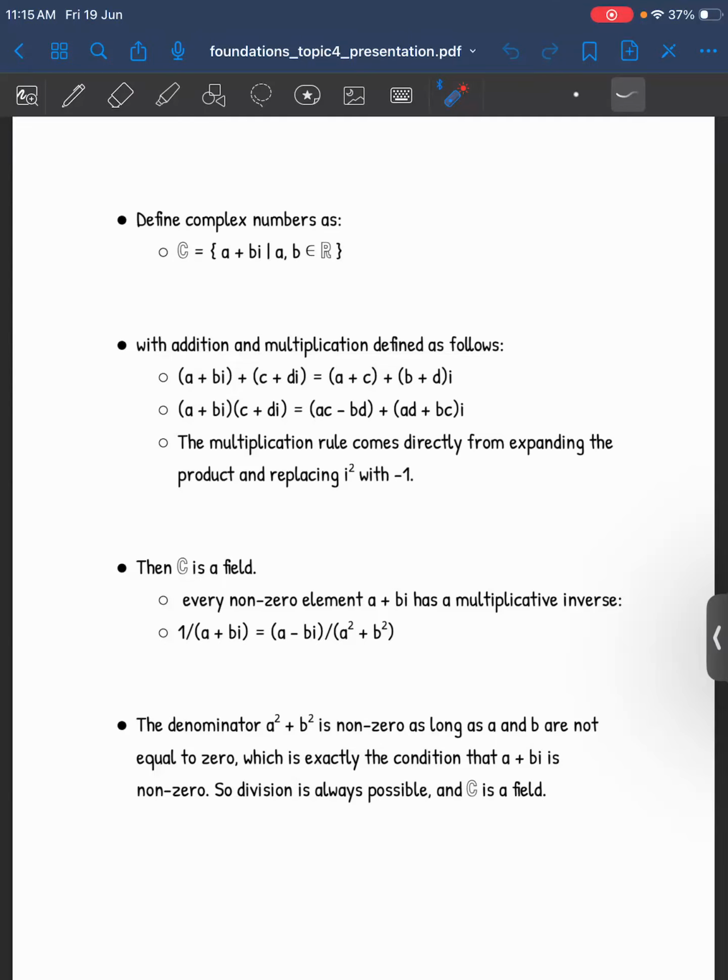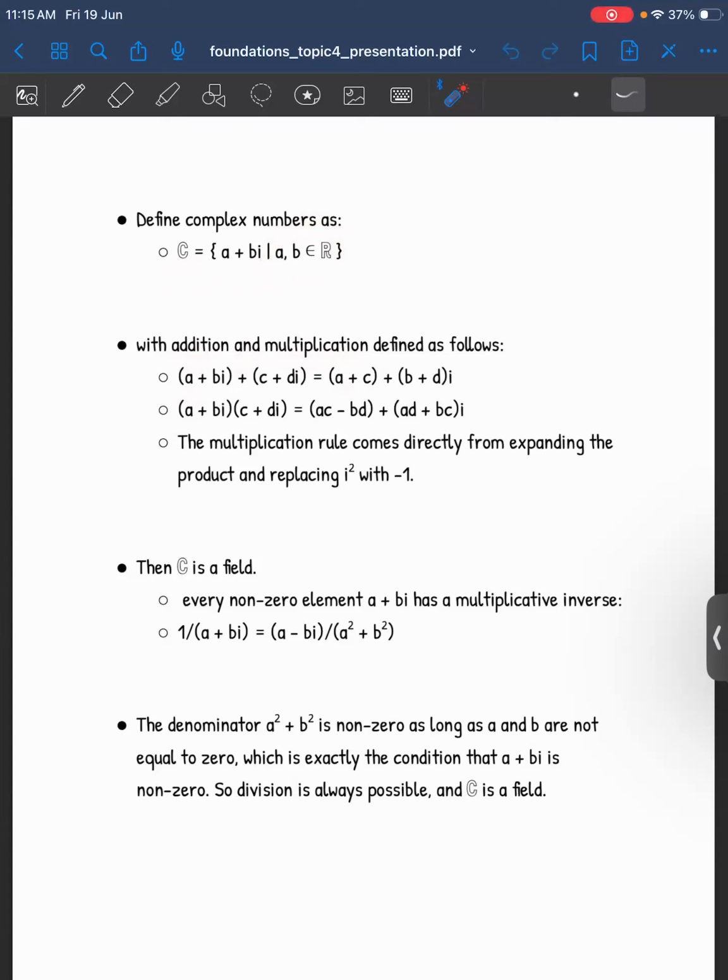Thus, we define the set of complex numbers as this set C, which consists of elements of the form a + bi, where both a and b belong to real numbers, and we define the addition and multiplication operations on them as follows, where addition is simply the coordinate-wise addition that we know.